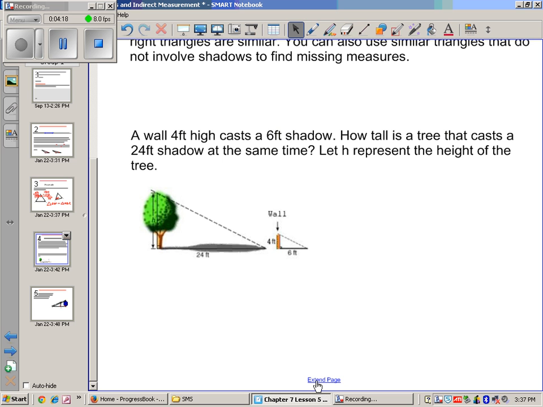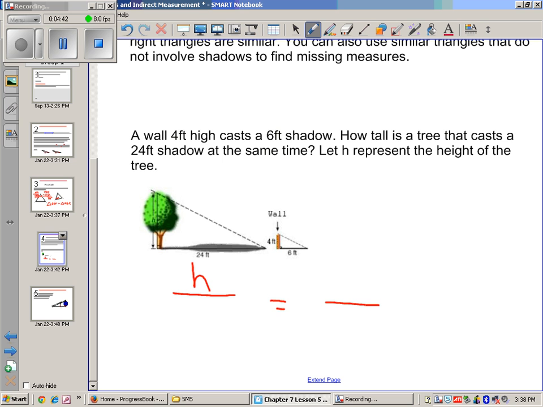Let H represent the height of the tree. Okay, in our last lesson, we talked about doing proportions, and here's where we're going to be using them again. So, once again, I like two fractions. One represents the tree, the other one is going to represent the wall. First, we're going to have our H representing the height of our tree.